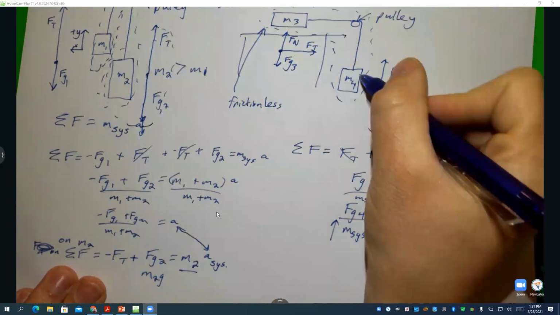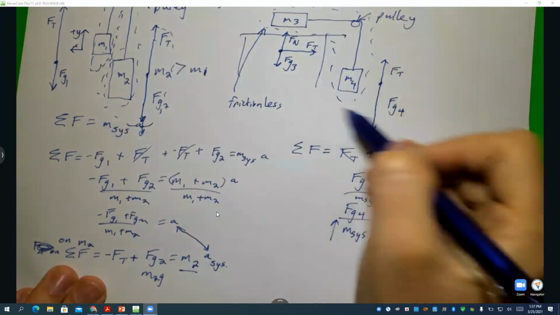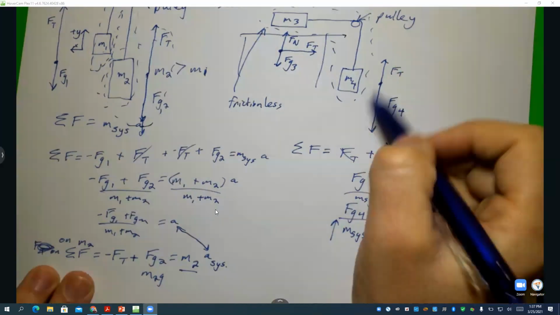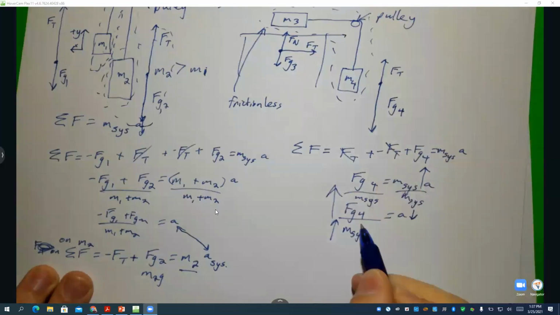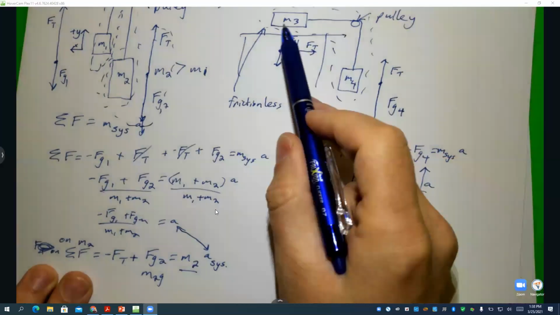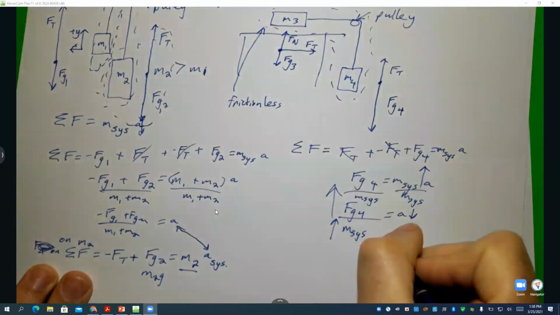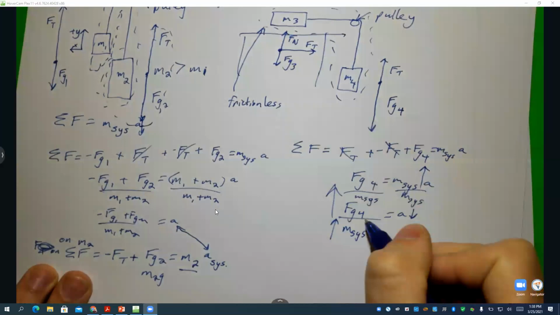If the opposite is true, if we have a mass here that is very, very large, that's going to make this really, really large. Let's say it's 100 times greater than this mass here, then there's going to be very little mass relative to the system.